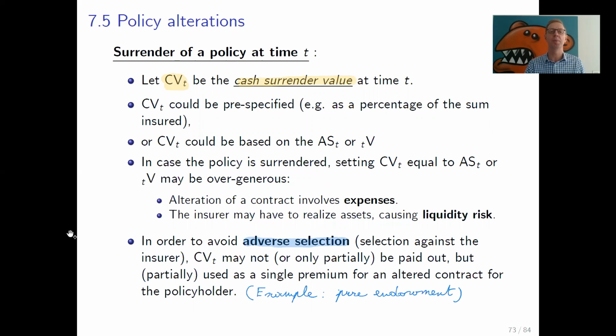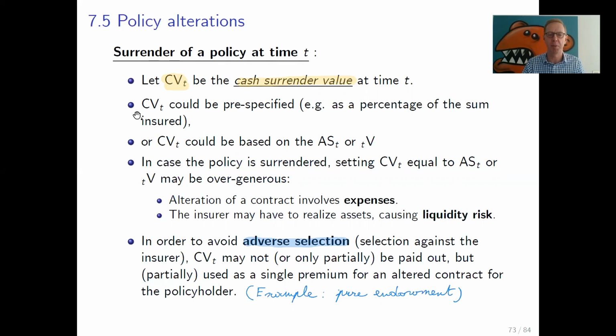Therefore, we have to introduce the surrender value or the cash surrender value of a policy. Let CV_t be the cash surrender value at time t. CV_t is the amount to which you have the right, or an amount that is attributed to the policyholder in case he wants to stop his policy at time t.